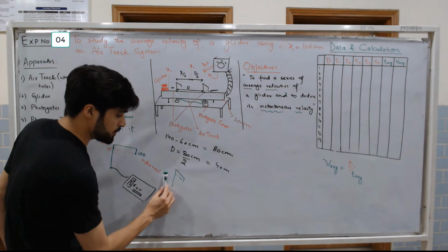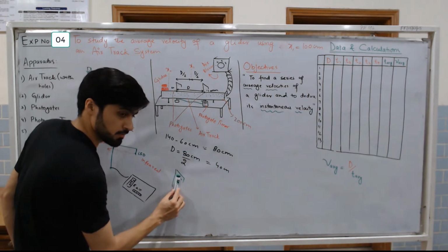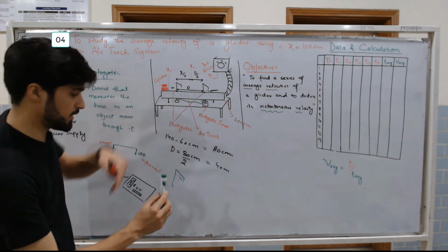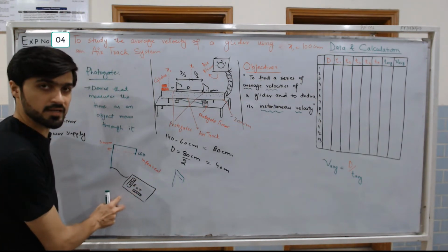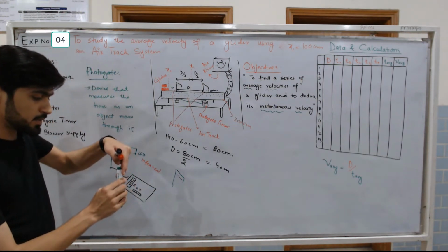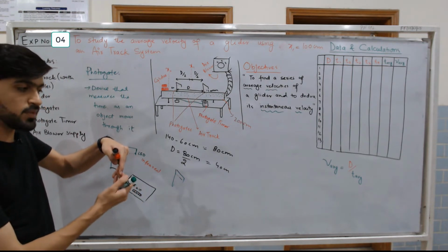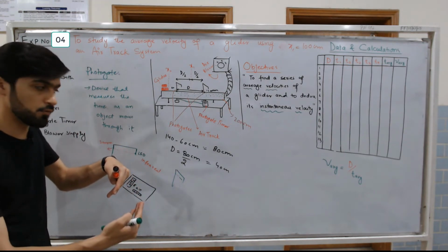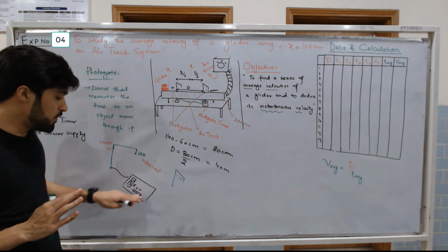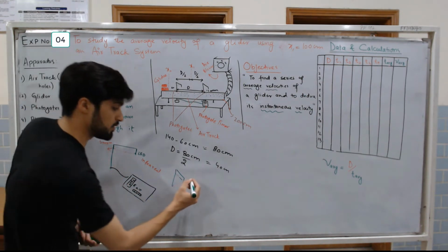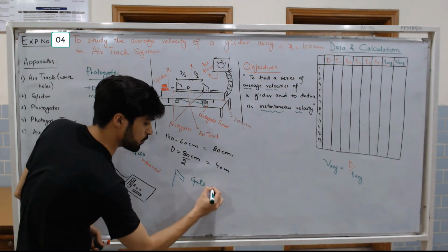As the object moves through the photo gate and blocks the beam, the photo gate timer will start. As it moves through, the beam gets unblocked, and the time stops.